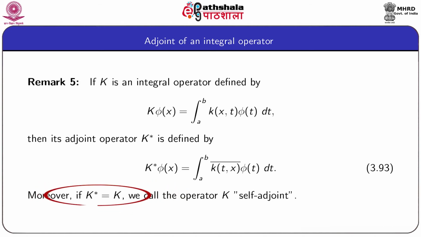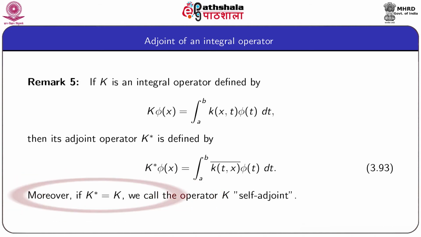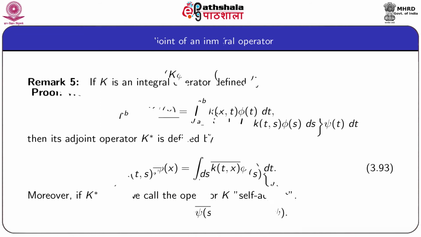Moreover, if K star equals K, then we call the operator capital K self-adjoint.